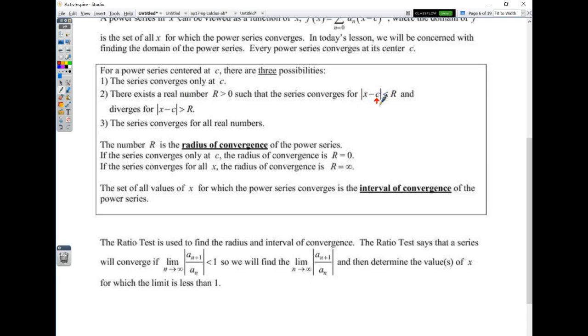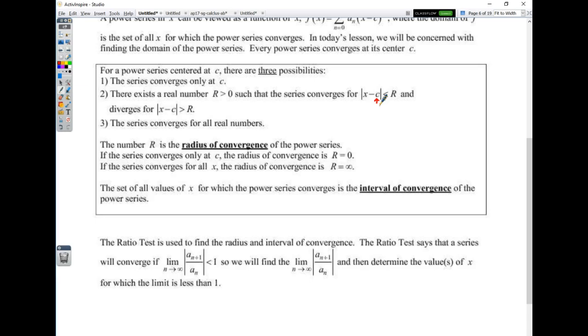Let's say I have a center of 2, and I have a radius of 2, then what would be my interval that I'd be looking at? 0 to 4, right? I'm going to go from my center, I'm going to subtract 2 from it, and I'm going to add 2 to it. So that's going to be the concept of this radius of convergence.